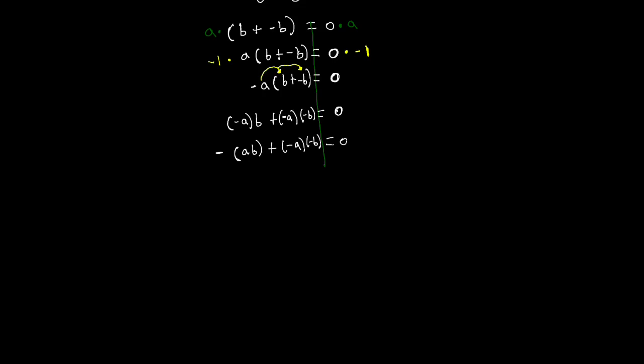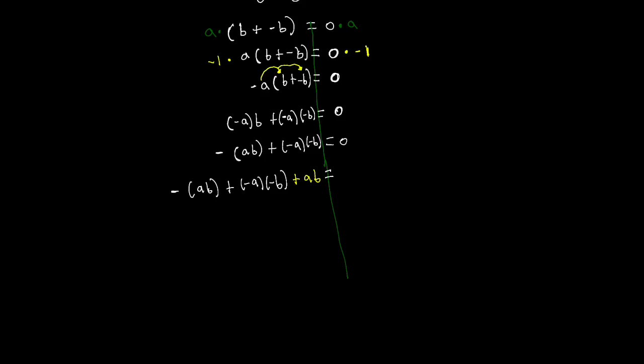So now I'm going to do something nice here. I'm going to add AB to the left-hand side. So here I have negative AB plus -a times -b, and I'm going to add AB on the left-hand side.